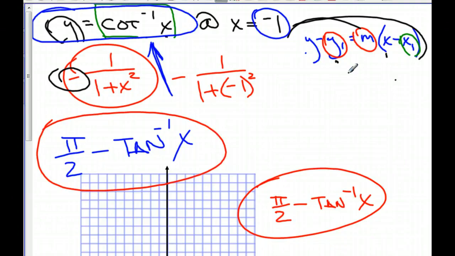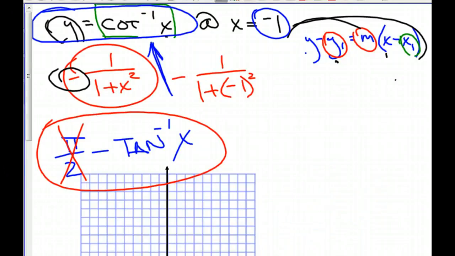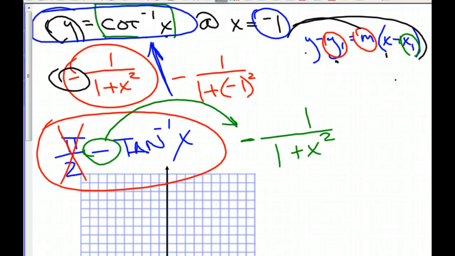So when I find the derivative of that whole thing, the derivative of pi over 2, since pi is actually a number, is going to be 0. The derivative of the arctangent of x, if you look on page 172, middle of the page, says that it's 1 over 1 plus x squared. Yes, plus x squared. This negative here is still there, so it's going to go in front.